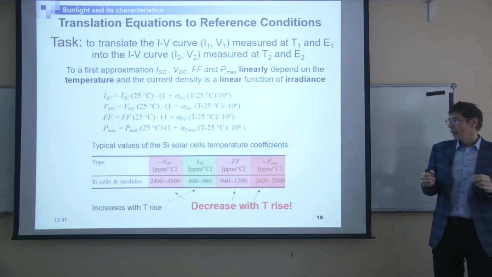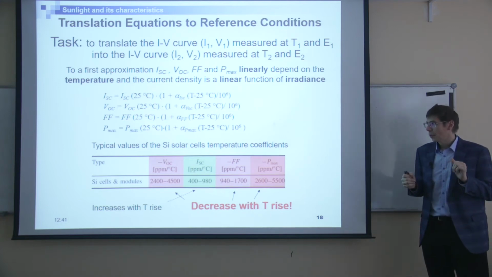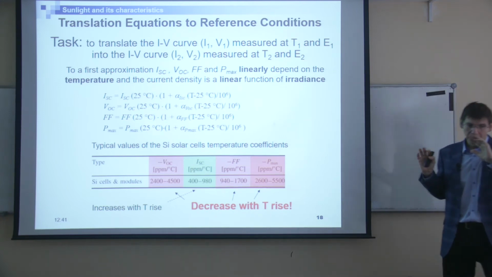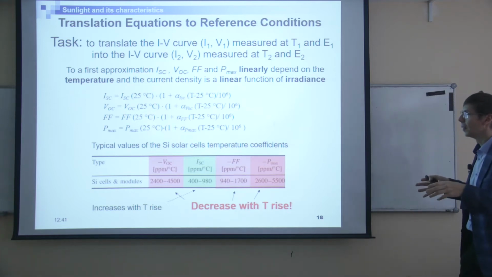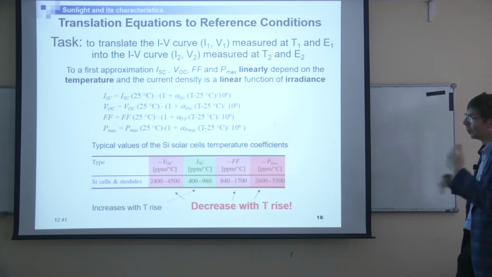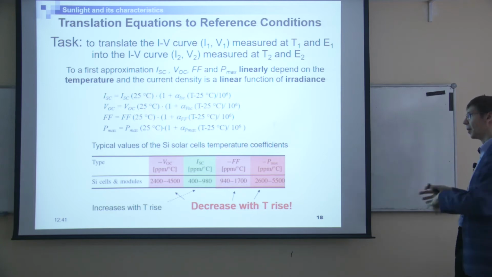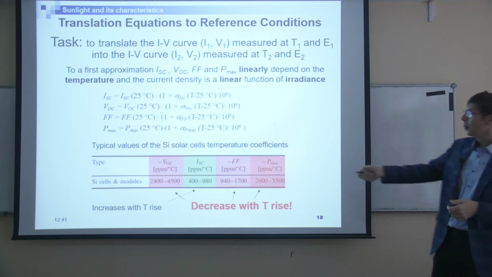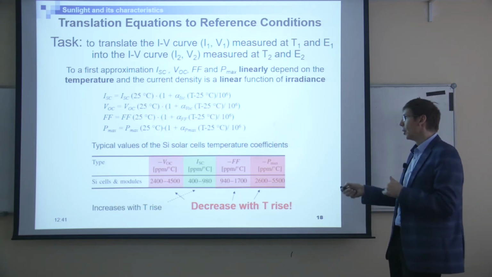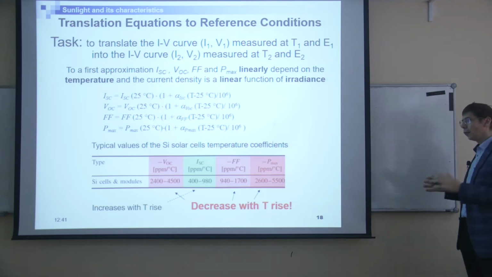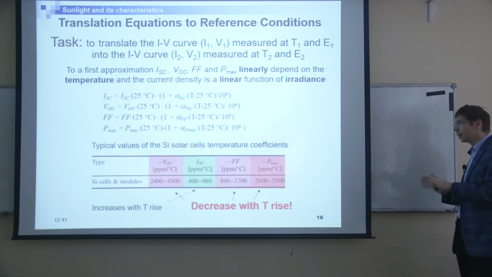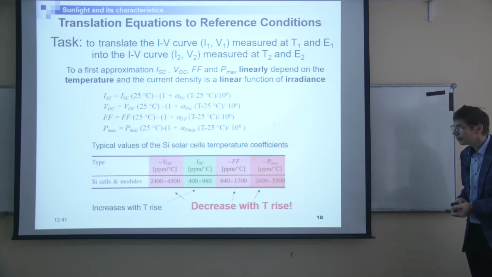So I would say for any semiconductor solar cells, if there is no problem inside with some parasitic barriers, etc., VOC decreases, short circuit current increases. For the fill factor, there could be different things.